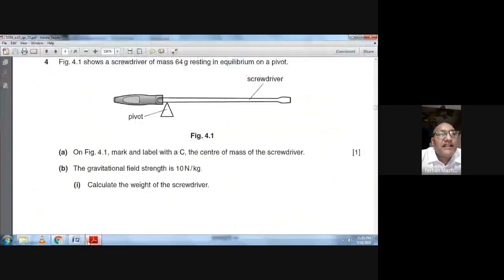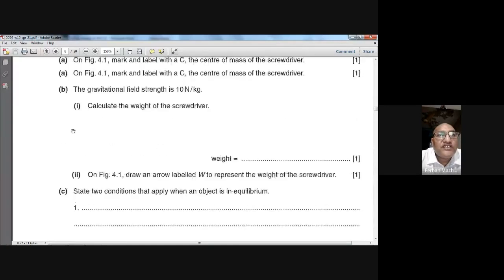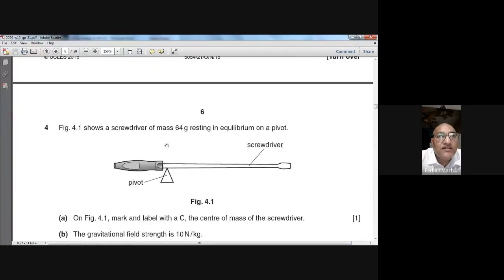Okay, in the second part of B, he says on figure 4.1, draw an arrow labeled W to represent the weight of the screwdriver. So you see, this is the screwdriver. Here's the center of mass. So here I will have to draw an arrow to show how the weight is acting. I will draw an arrow downward, and I will write W, which means weight.